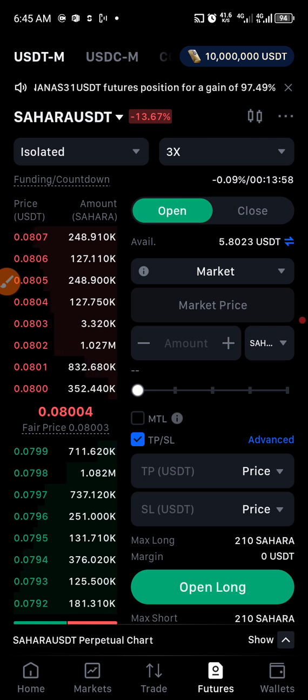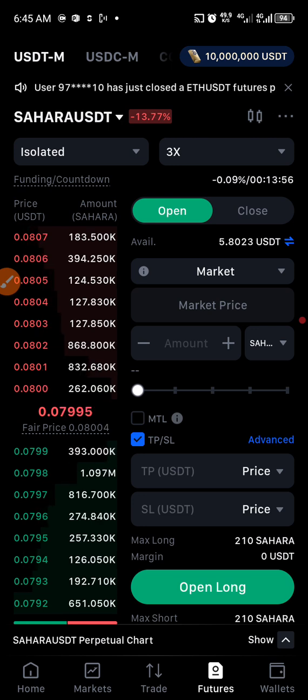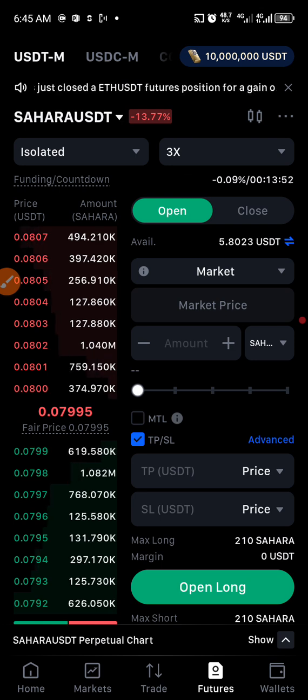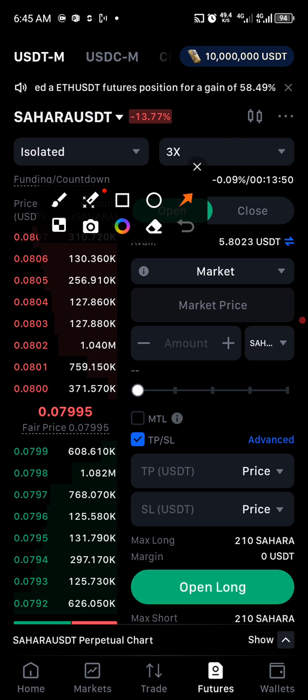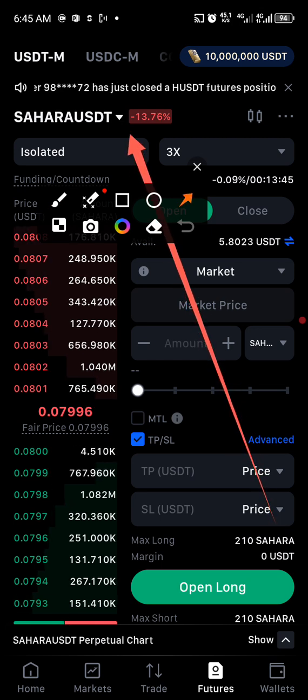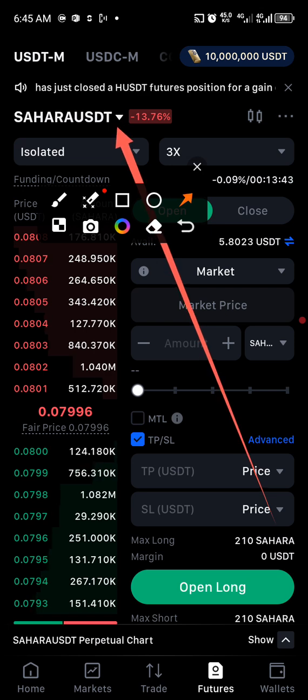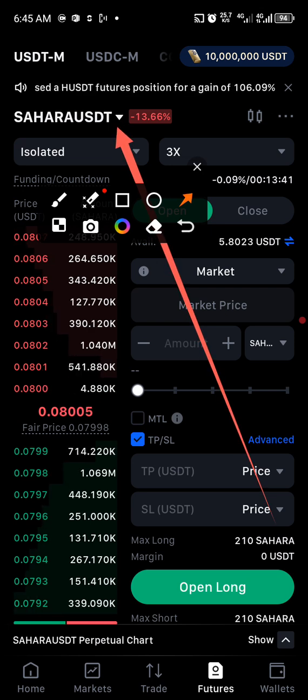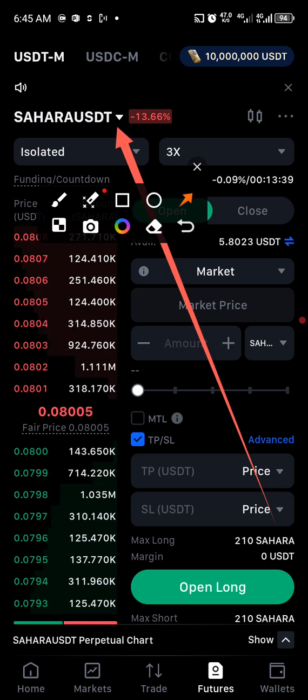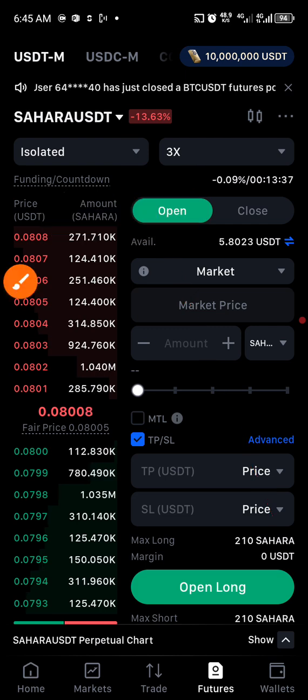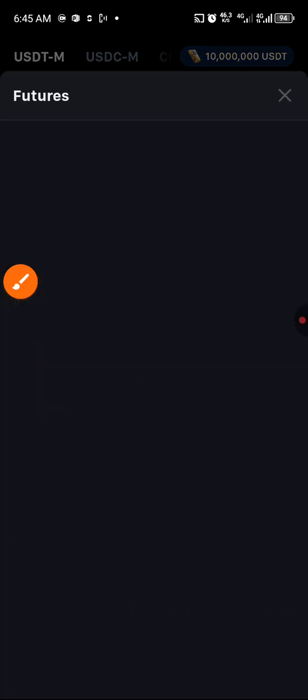Now with USDT, the next thing you need to know is how to find the pairs. For you to find the pairs, you come to this side. You can see where the arrow is facing here. So now what you do is click here.